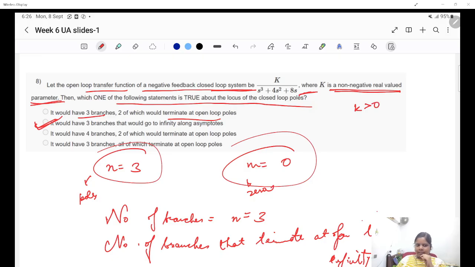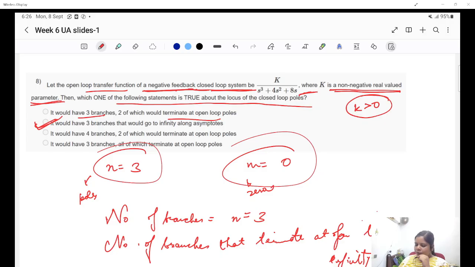This was the first case. Second case is that it is a negative feedback closed loop system, right? Since it is a negative feedback closed loop system and K is greater than 0, both of them together imply that we'll have to follow the steps of the first procedure.